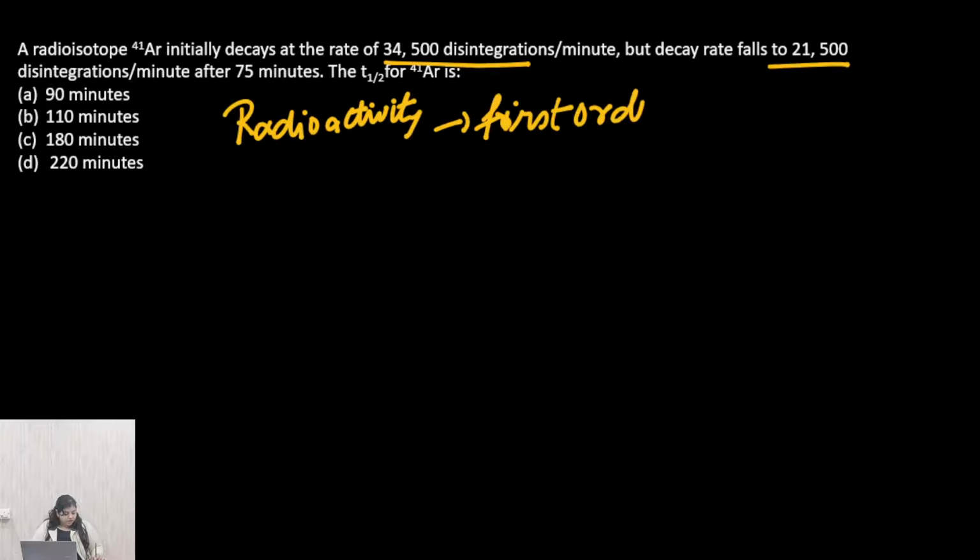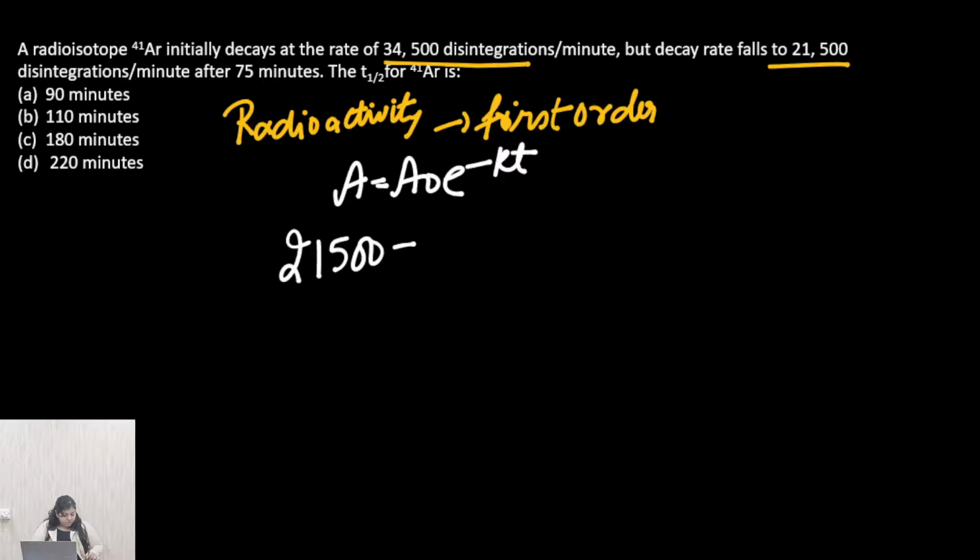For first order we have A is equal to A naught times e raised to the power of minus kt. Now the disintegration has fallen to 21500. Initially it was 34500, e raised to the power of minus k times the time, which they have given us as 75 minutes. So firstly find the value of k.